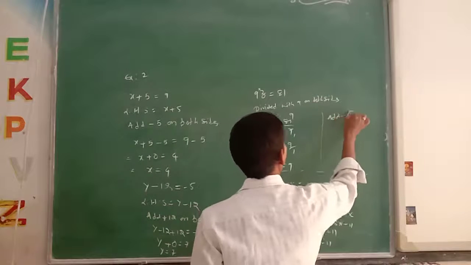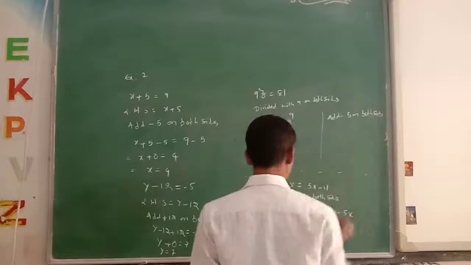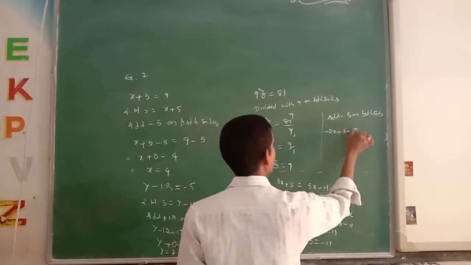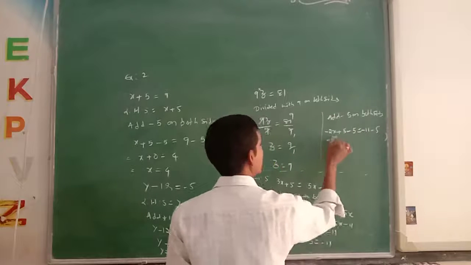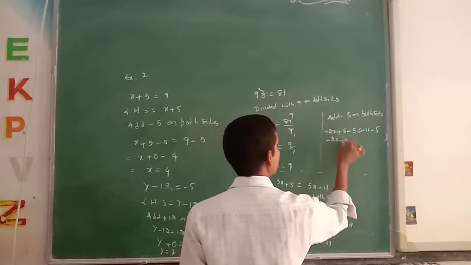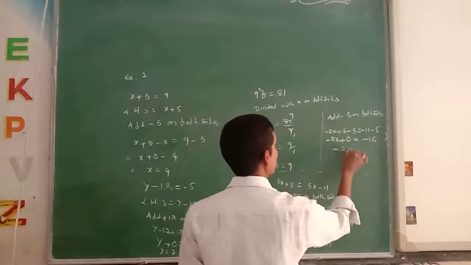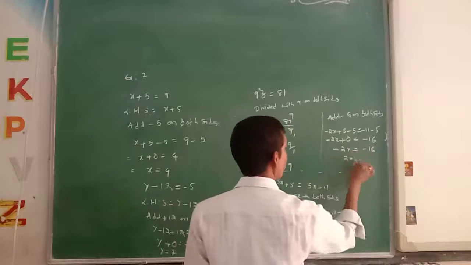Add minus 5 on both sides. Minus 2x plus 5 minus 5 is 0. Minus 11 minus 5 is minus 16. Minus 2x is equal to minus 16. Minus minus gets cancelled, so 2x is equal to 16.